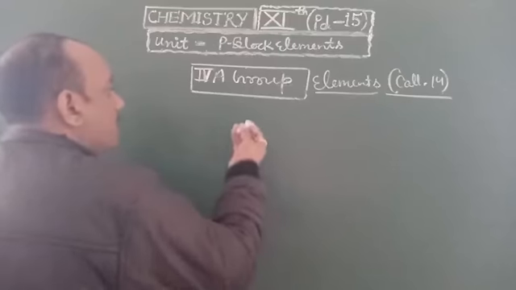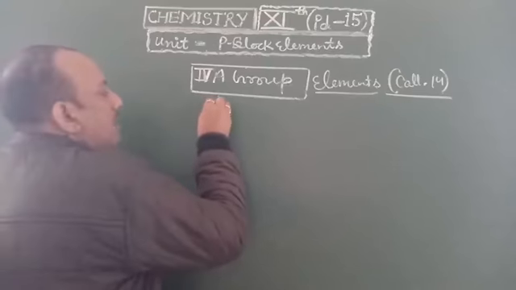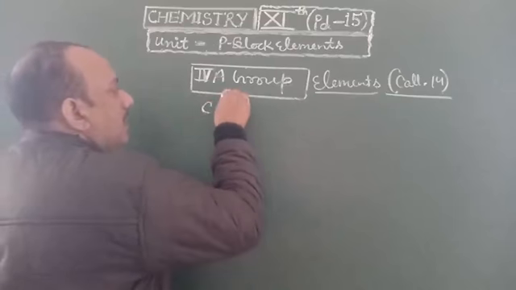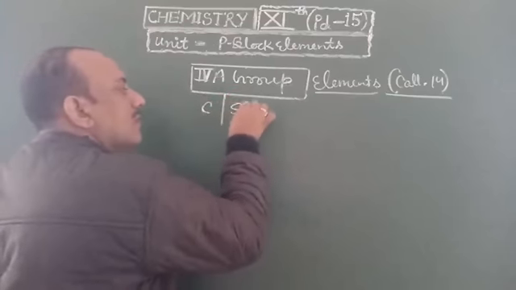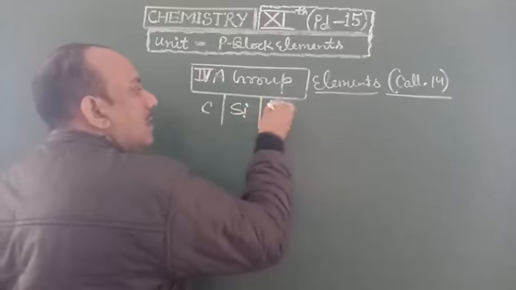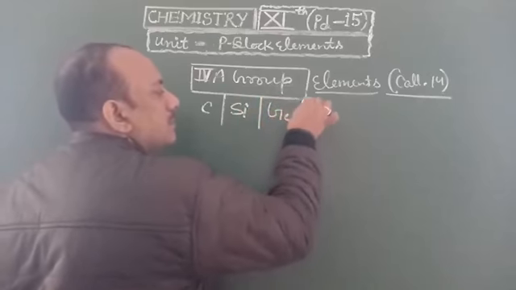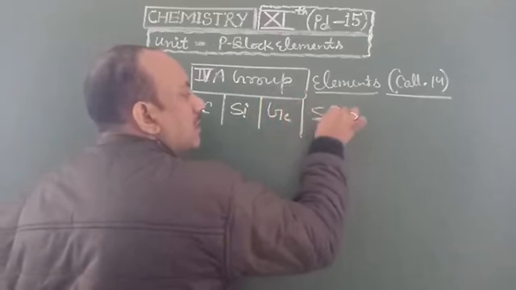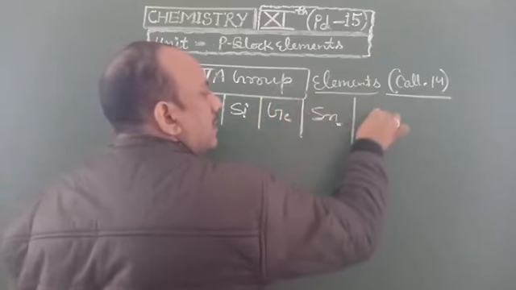Students, in fourth A group, five elements are present: carbon, silicon, germanium, tin, and lead.